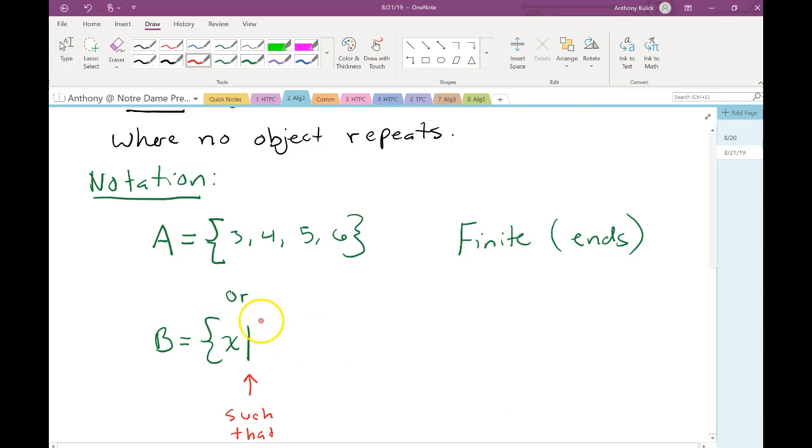In our case, we talked about, say, the numbers that are greater than 3. So the numbers 4, 5, 6, 7, 8. If I have greater than 3, that doesn't include 3.